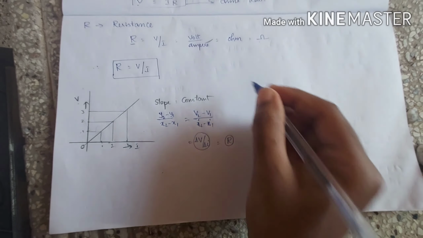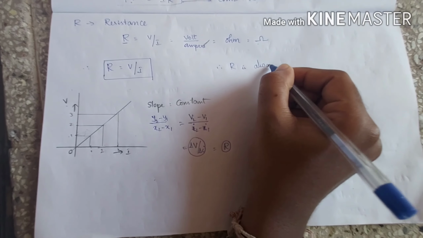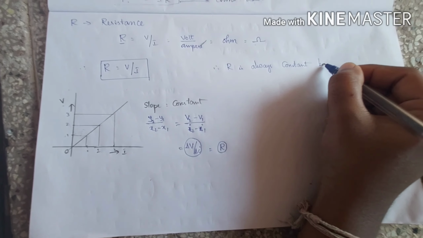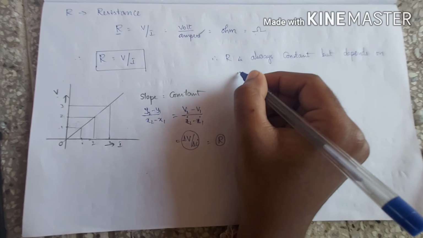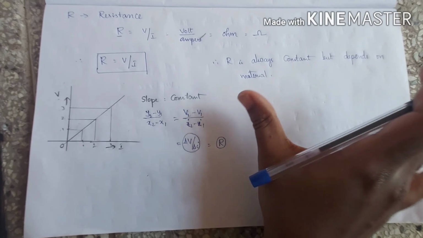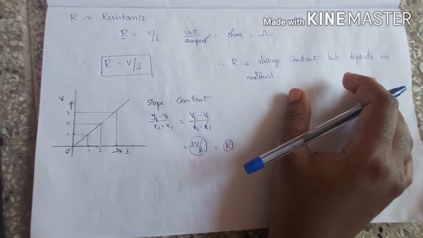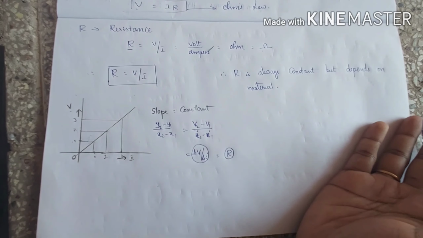The resistance is always constant, but depends on the material. The value of R changes from one material to another.